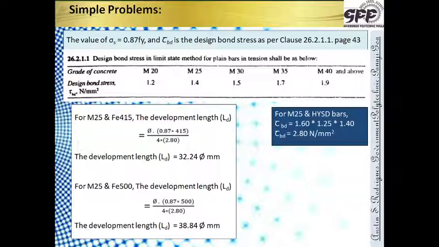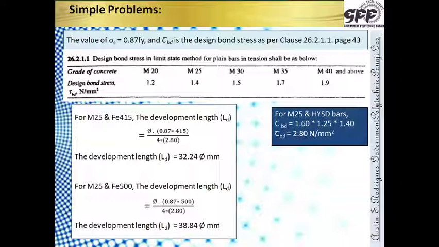Now if the steel is anything like 415, 500, 550 and so on, which are all high yield strength deformed bars, HYSD bars, the value of the bond stress gets increased by 60%. So the value which we have got for M25 as 1.4 is increased by 60% by multiplying by 1.6. Now since these bars are in compression, a further increase in the bond stress is permitted.